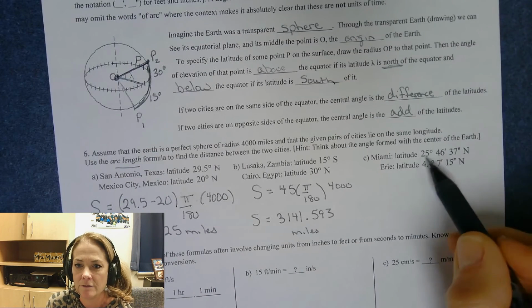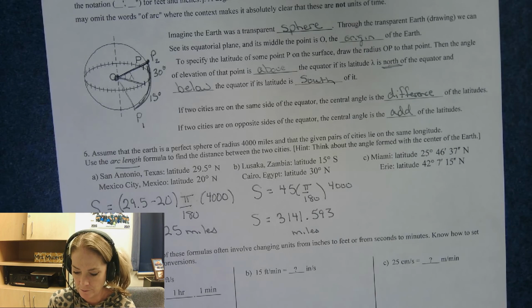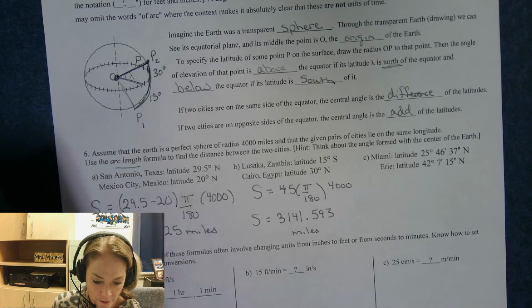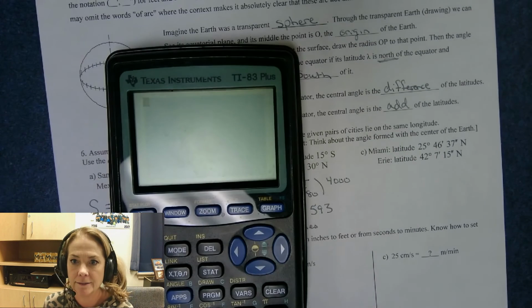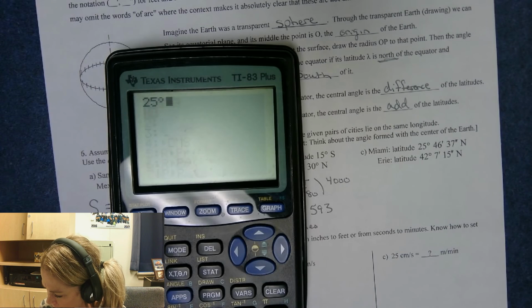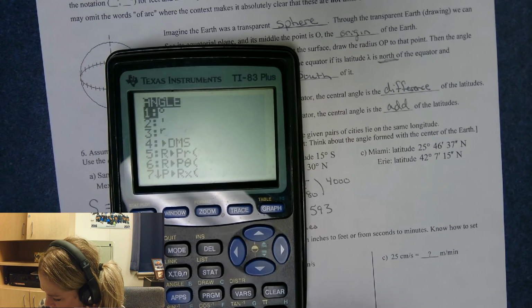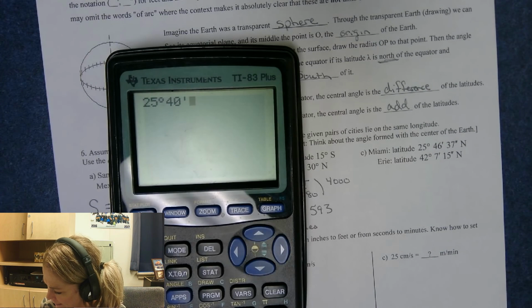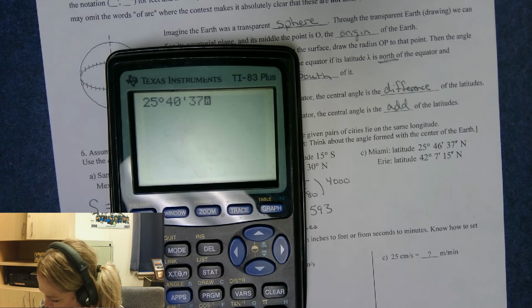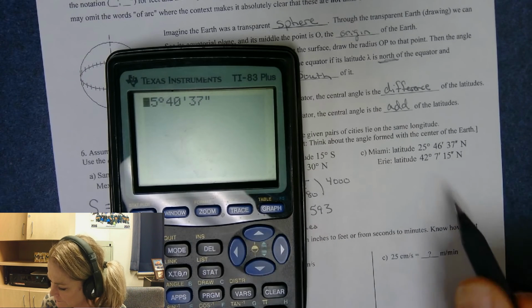All right, last one. You're going to need to convert these. Just to remind you how to do that, I'm going to do the angle degree, the angle minute, and the second.